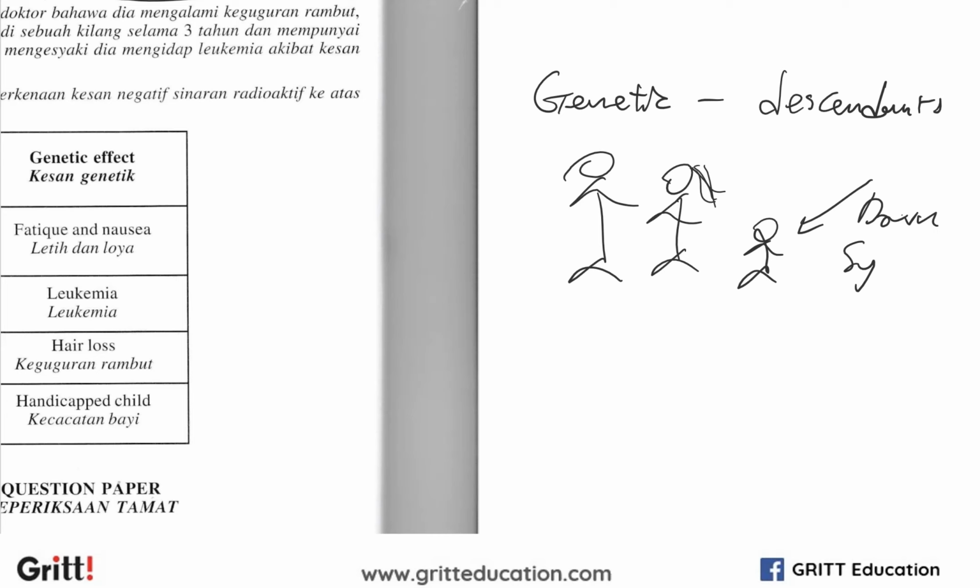So usually genetic effect does not show up in the father while he is being exposed to radiation, and there's nothing happening to him. But something will happen to his descendants or to his further generations. So this is what we mean by genetic effect. When we refer to somatic effect, it refers directly to the person that's being exposed.